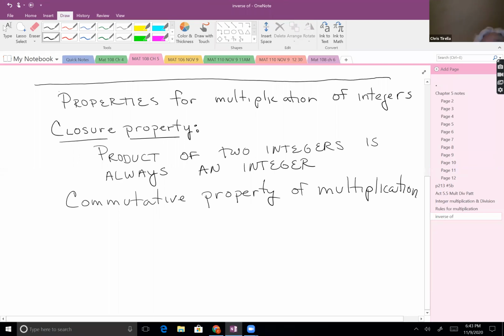And if we go back and look at the examples that we did, both with the counters and with the number line, I think we showed that for any two integers, m and n, m times n is equal to n times m.